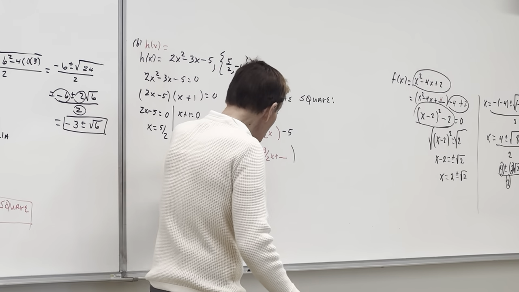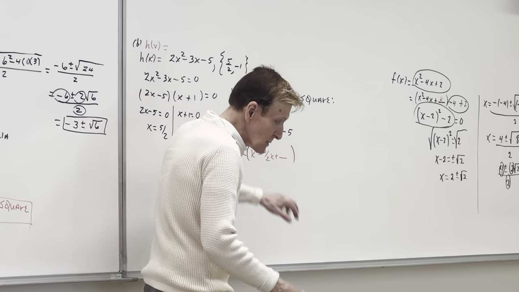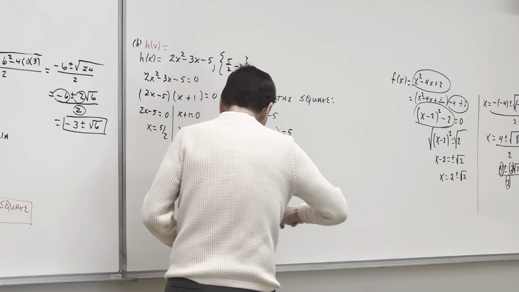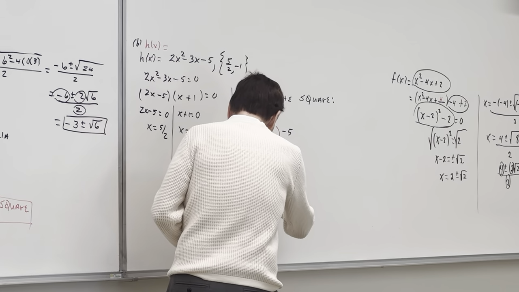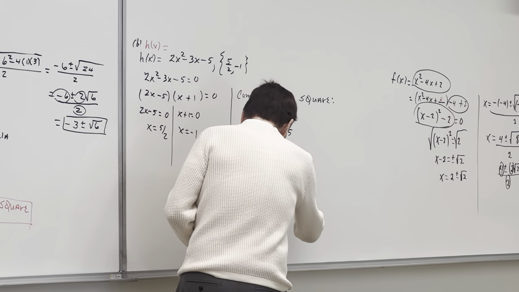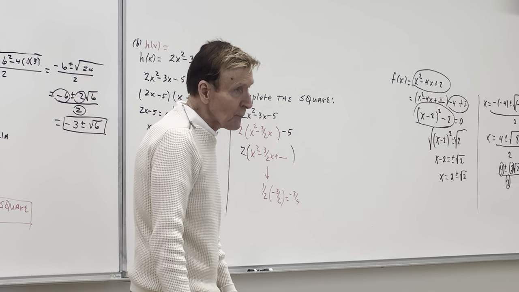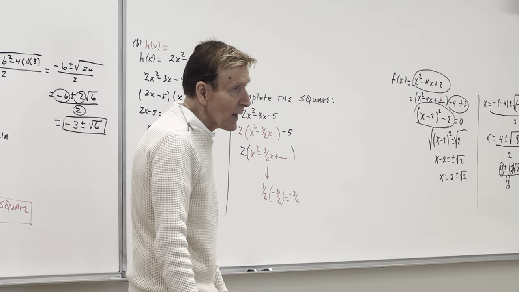Negative 9 over 16. Take 1/2 of that coefficient, and guys, what's 1/2 of 3 halves, or 1/2 of negative 3 halves? You always take 1/2 of that previous coefficient, and that's merely what, negative 3 over 4, and then do what with it before you place it? Square it.